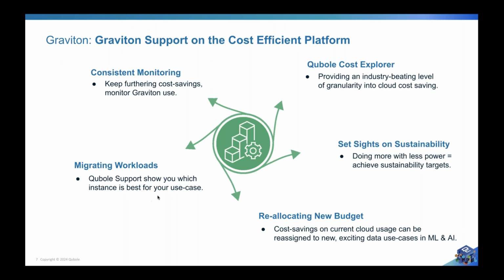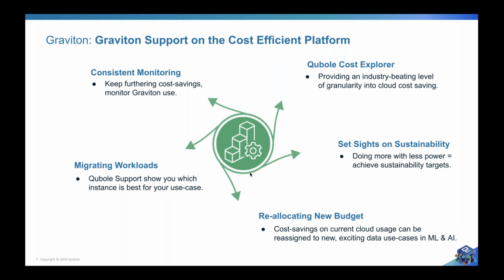We have already done that heavy lifting, and you will be able to run those jobs on Graviton directly. Consistent monitoring, just to make sure that you have cost savings on top of whatever we are giving you with Qubole Cost Explorer.